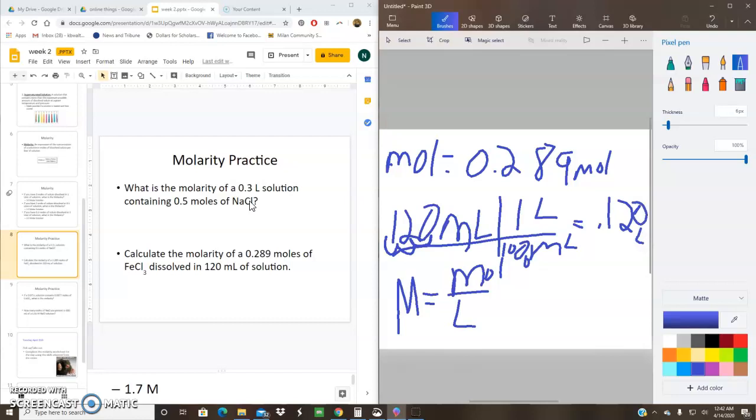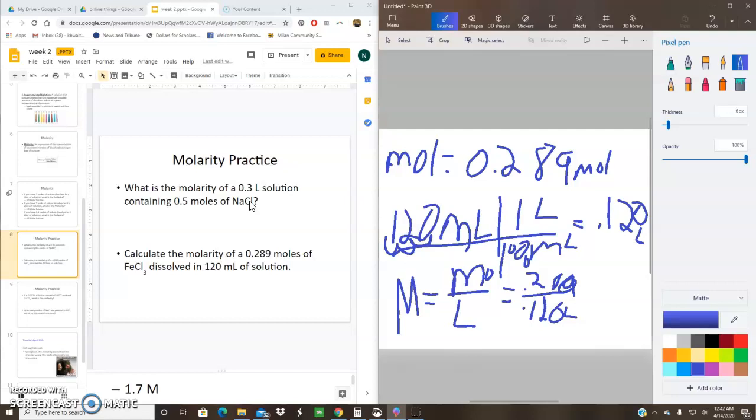So now we can just plug everything straight into the equation. So we have 0.289 divided by 0.120 liters. So then we go to our trusty calculators, 0.289 divided by 0.120.